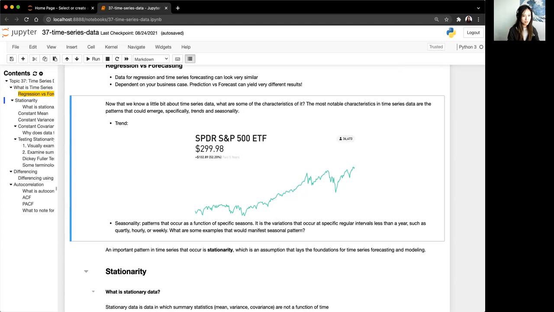So let's say you have this repeating pattern of peaking during holiday seasons and dipping during off-peak seasons. You might see something that looks like this, I'm drawing a wavy line, and that is a combination of there being an upward trend and a yearly seasonality. Any questions about these two things?